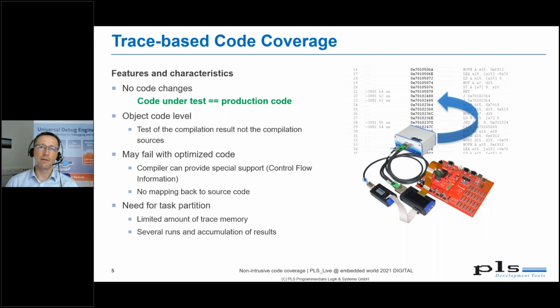So test tools that are using this approach with UDE provide this functionality by themselves. They break the functions and the executed code into pieces, test these small pieces, and get the code coverage results from them. And the results are then accumulated.